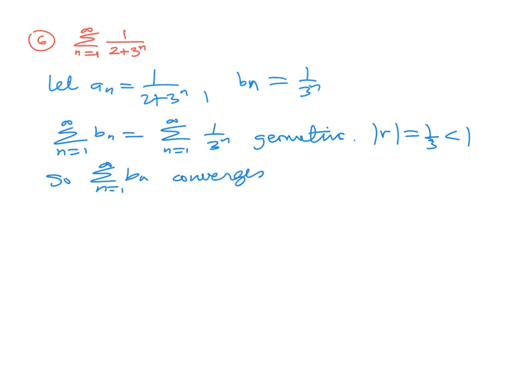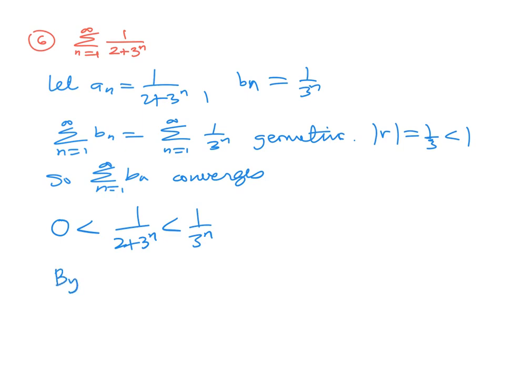Now, if this converges, then if I want to do the comparison test, I'm hoping that the a sub n terms, which are positive, are smaller than the b sub n terms. And indeed they are, because that denominator is larger than that denominator. So we can say 0 is less than 1 over 2 plus 3 to the n, which is less than 1 over 3 to the n, which is the inequality in the direction we want.